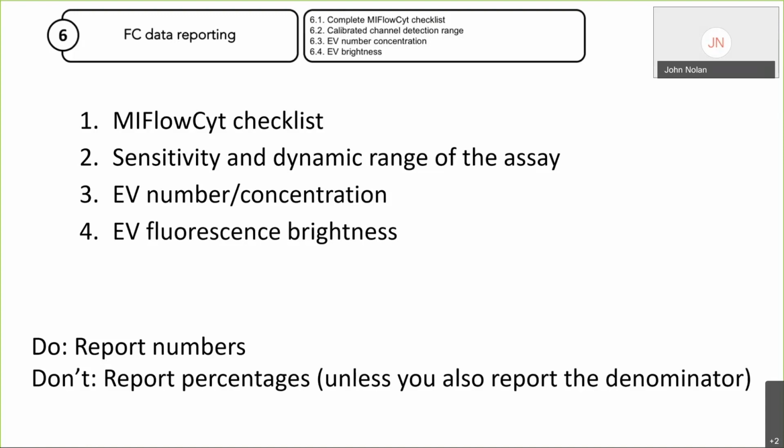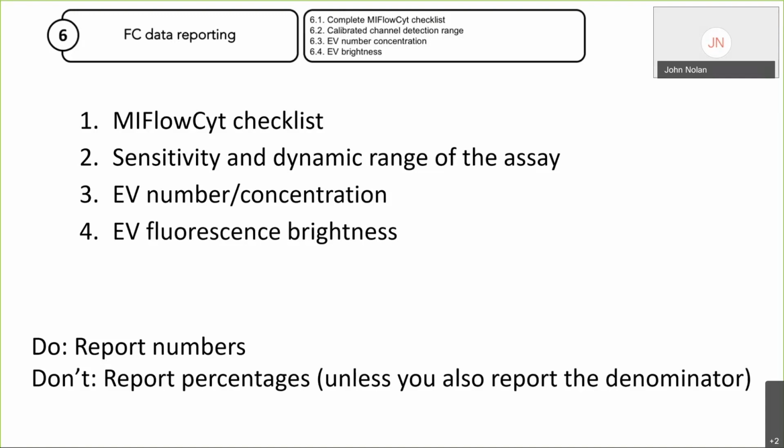Percent positive is typically the way people will report immunofluorescence data of cells. That's a condition where you're reasonably sure what the denominator is. You know how many cells you detected, so a percent actually has meaning. In the case of measuring small particles like vesicles, in most cases, we know we're not detecting all of the vesicles. We're missing some of them, the smaller ones most likely.